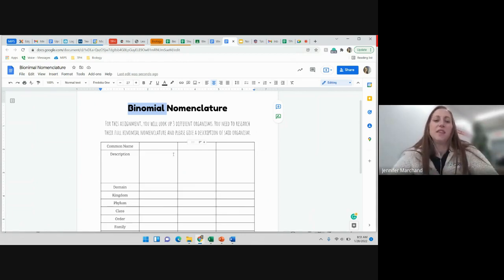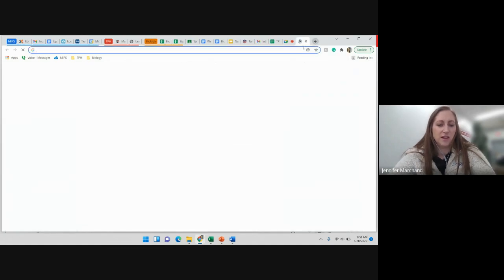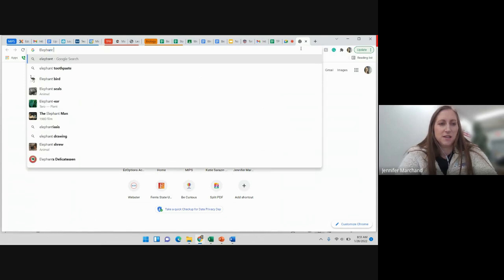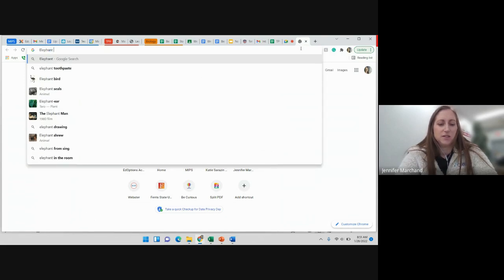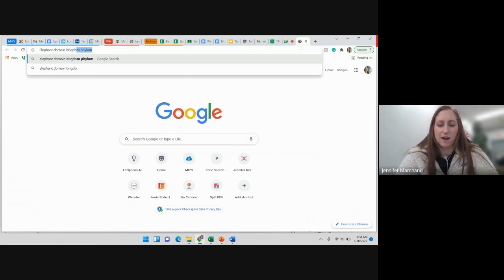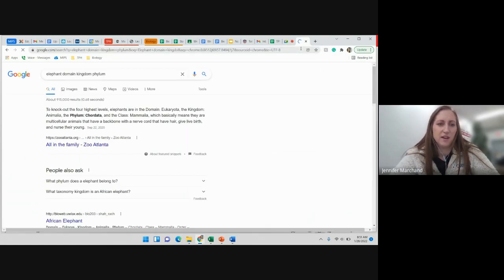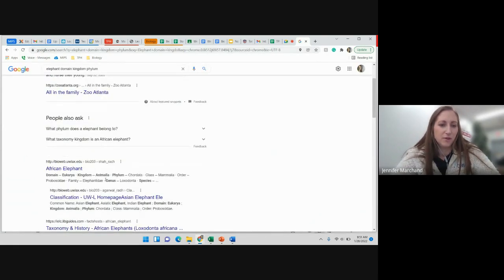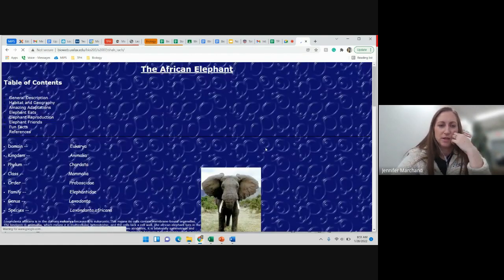Okay. Then all you're going to do, and I'll just do this one for you, I'll do elephant. You're going to go over here to Google and type in elephant, and then type in domain, kingdom, phylum. It'll pop up and look like this. The African elephant is the one you'll want to reference here.